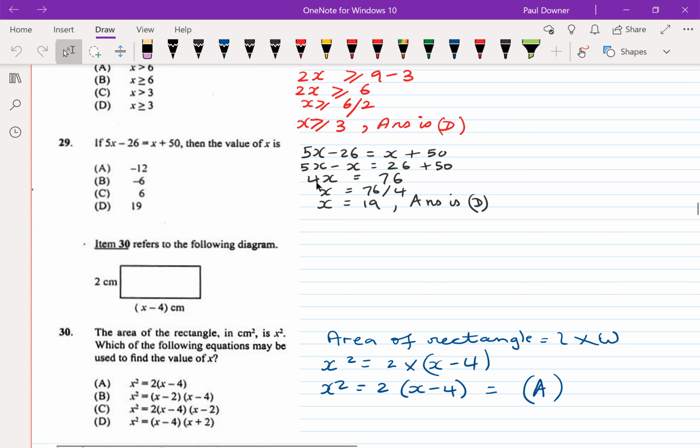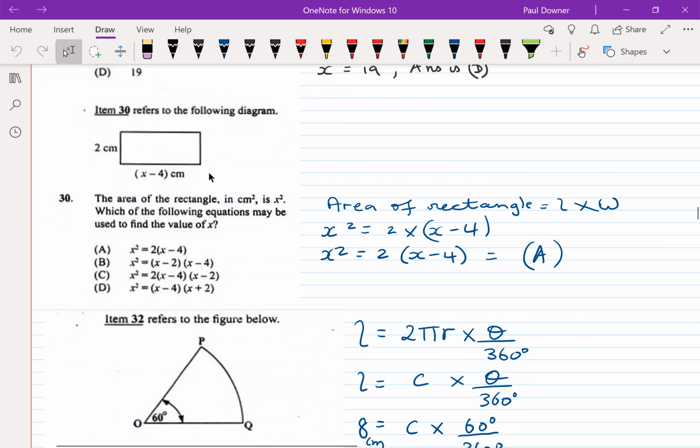And then how do we get rid of this 4? Well, we divide the left-hand side by 4, and we divide the right-hand side by 4. So if I divide the left-hand side by 4, I'll get x. If I divide the right-hand side by 4, I'll get 19, right? Because 76 divided by 4 is 19. So x therefore is 19, and that corresponds to answer D.